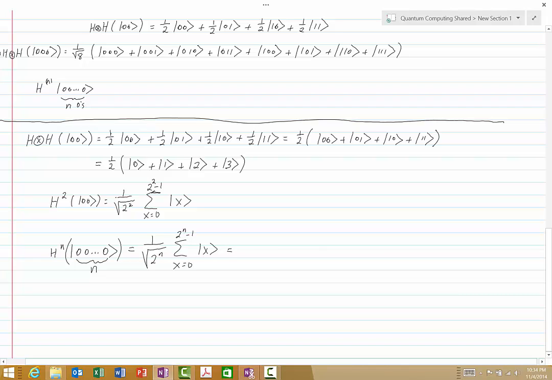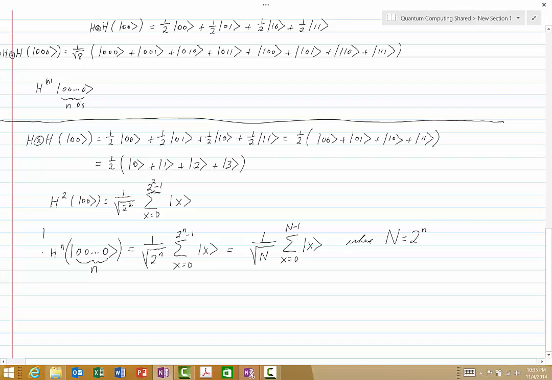Or we might also write 1 over the square root of capital N, sum x equal 0 to N minus 1 of x, where capital N equals 2 raised to the lowercase n power.